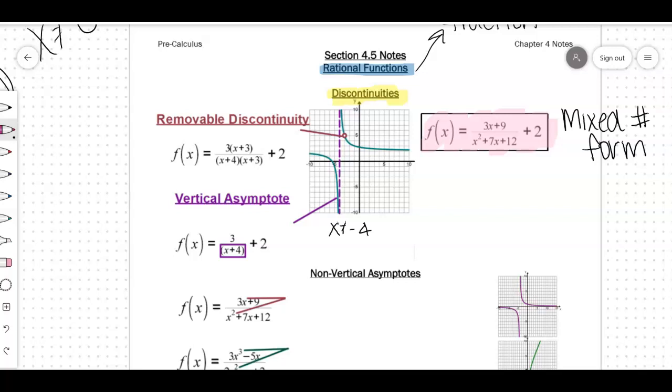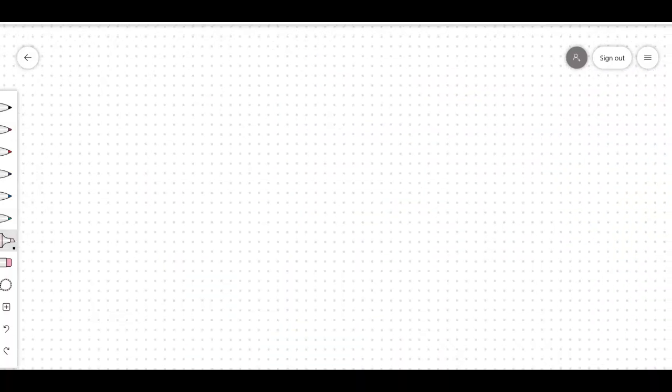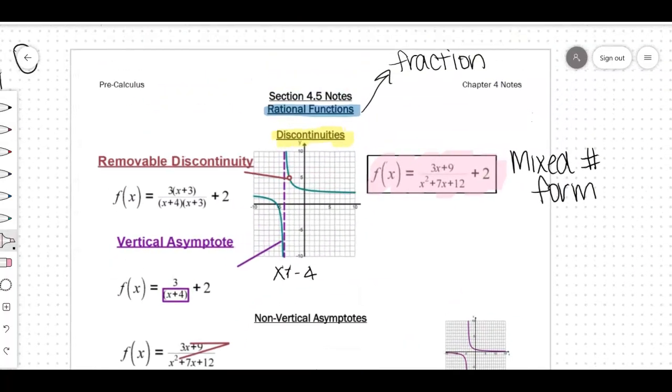And what a discontinuity means is if you were to try and draw this function, this piece here, you would have to pick up to jump over this asymptote, and then you would pick back up here, but you'd have to pick up your pencil again to jump over that hole. And so a discontinuity would mean you have to pick up your pencil or your writing utensil to keep drawing this function.